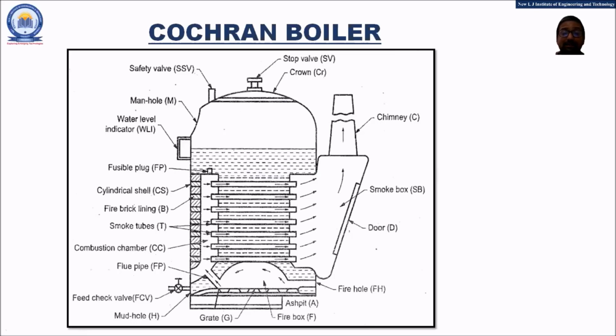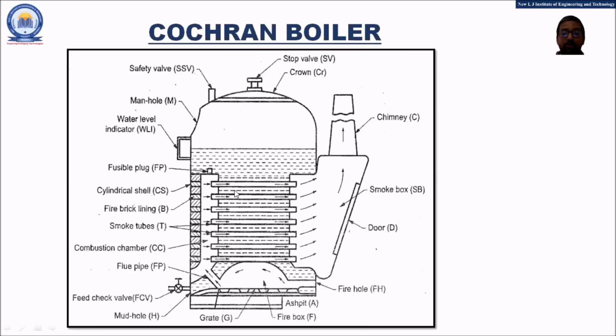The water will increase in temperature, and finally, because of the heat transfer, the water will be converted into steam. This steam will be collected in the topmost part of the boiler, that is the hemispherical dome, and through the steam stop valve or the steam collecting pipe, the anti-priming pipe, the steam is removed out of the boiler.